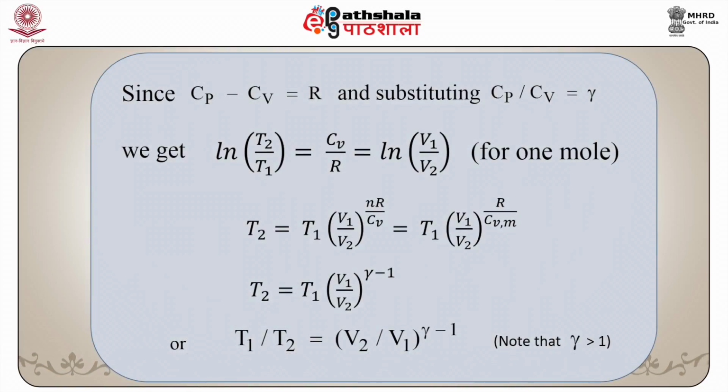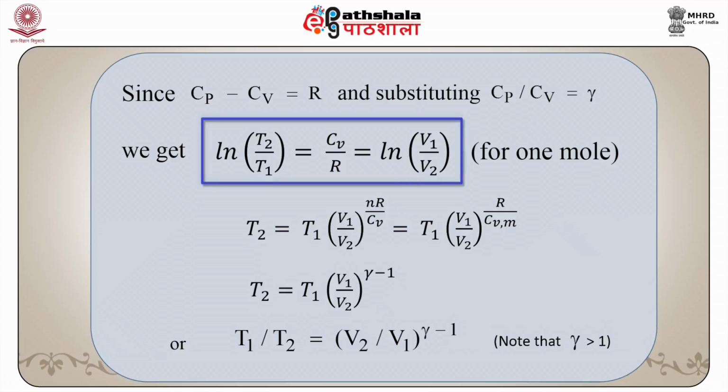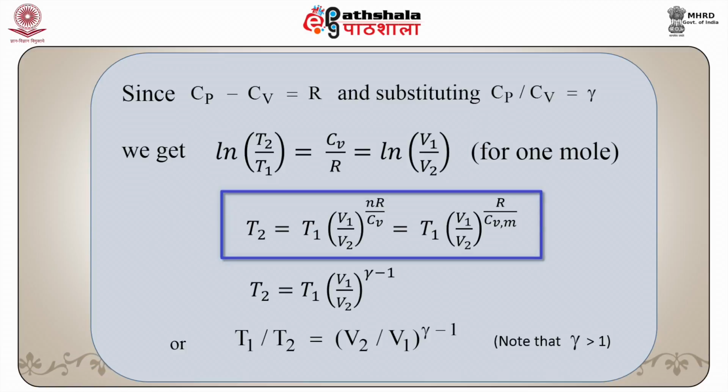Since Cp minus Cv is equal to R and substituting Cp by Cv is equal to gamma, we get ln T2 by T1 is equal to R by Cv ln V1 by V2 for 1 mole. T2 is equal to T1 into V1 by V2 to the power R by Cv.